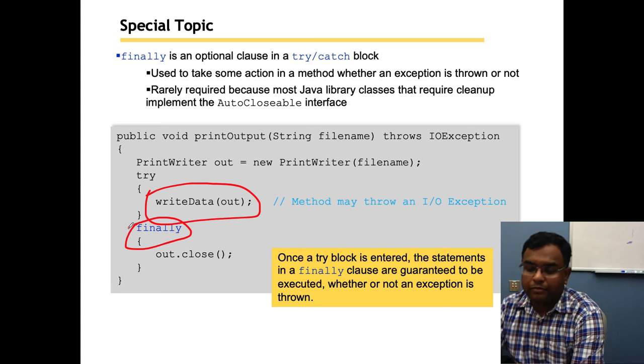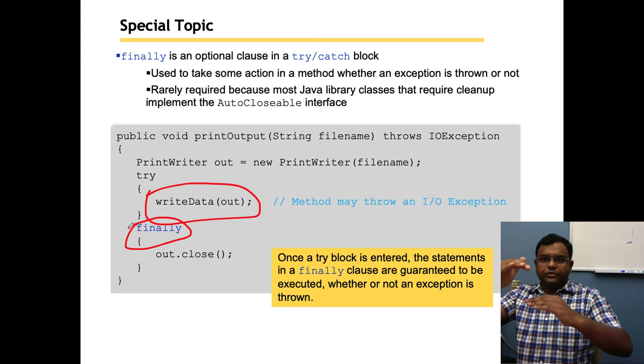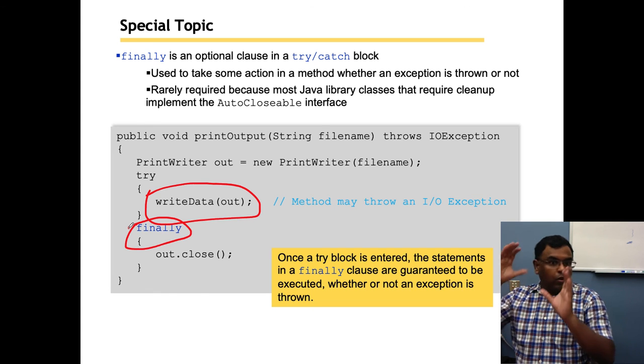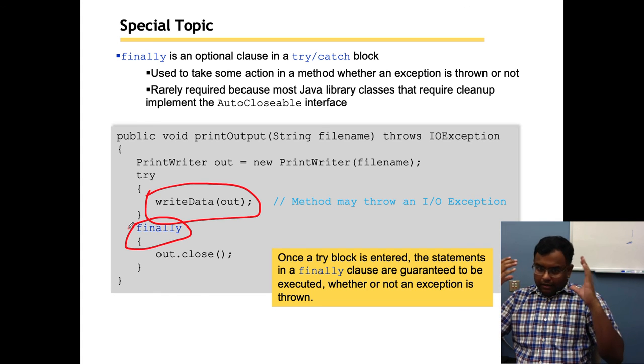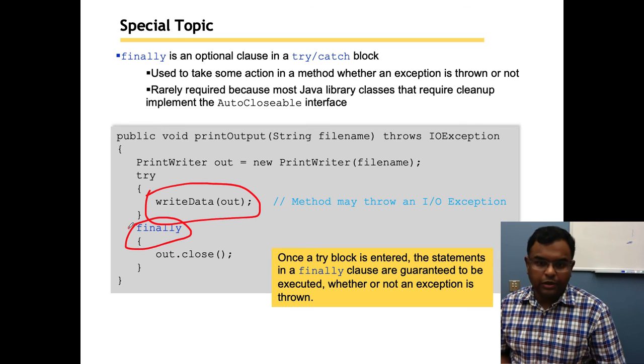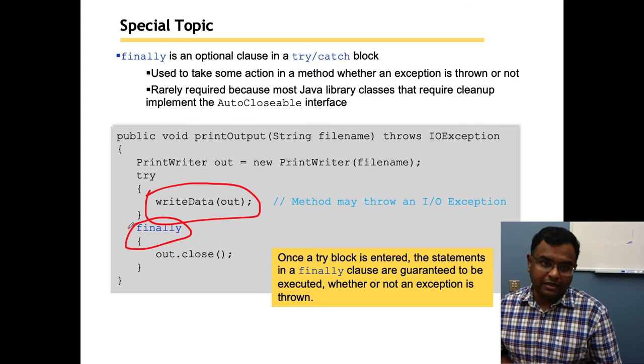So finally is something you can see as: try this, if an exception occurs, go to the catch block. But whether an exception occurred or not, your finally block will always be called. So that's why we use finally.